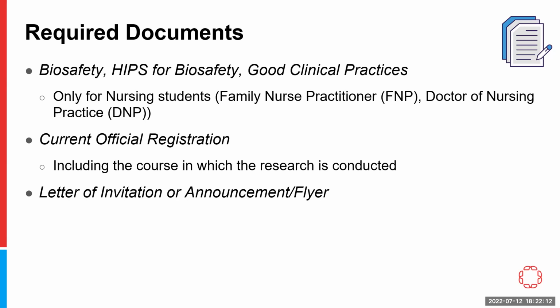And the letter of invitation or the announcement, the flyer that the student is gonna be using to promote the survey. Of course, any other document that IRB deems necessary will be requested.